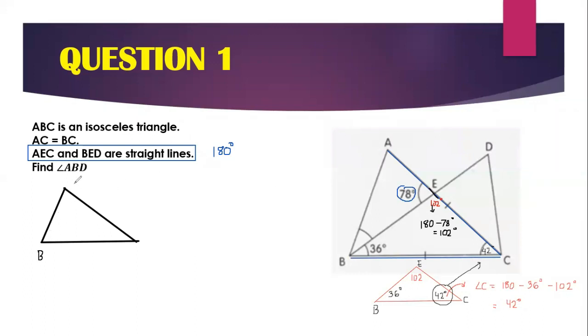B, here is A, and this one C. ABC is an isosceles triangle.